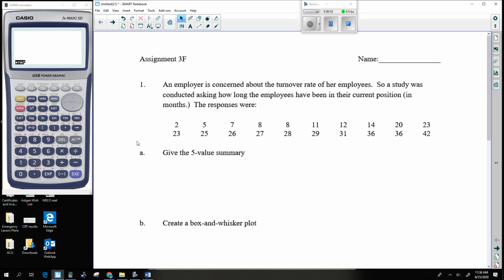And so if they are not in order, what you do is with your calculator, you have the ability to put them in order. Again, how you can do that is you can go to your stats. If there's junk in there, you can delete out the junk.